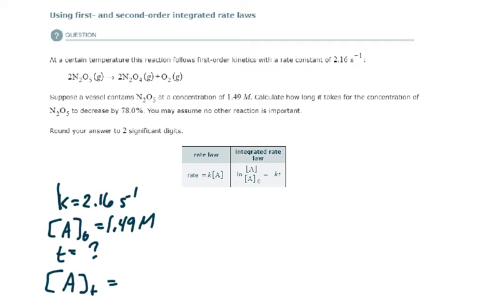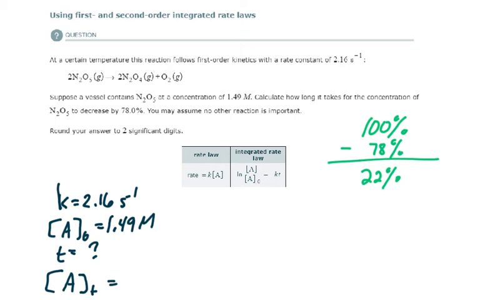78% is out of how much percent? 100%. So what's the difference between 78 and 100? The difference between 100 and 78% is 22. So 100% minus 78% is 22%. Okay?